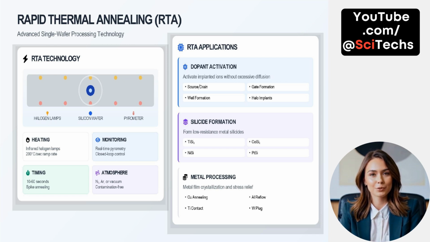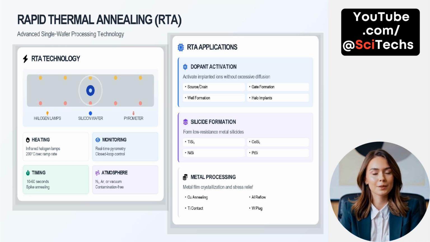Real-time monitoring is performed using pyrometry, enabling closed-loop control to ensure precise temperature accuracy. RTA operates under controlled atmospheres, typically nitrogen, argon, or vacuum, to ensure a clean, contamination-free process. The timing is extremely short, typically lasting only 10 to 60 seconds, ideal for spike annealing applications where minimal diffusion is critical.